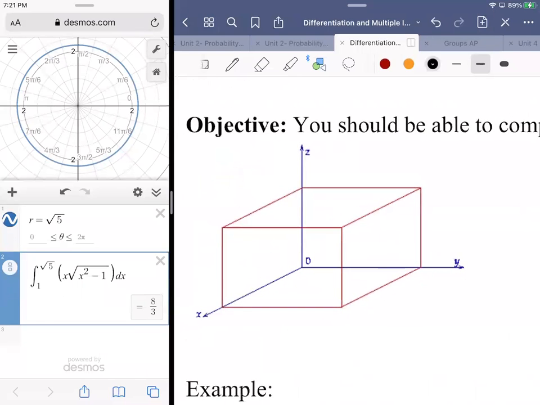What we're actually doing when we find a triple integral, and let me see if I can screw up this diagram. Usually pretty good at messing it up. Which is crazy because I have the whole thing traced out here for me and I still manage to mess it up every time.